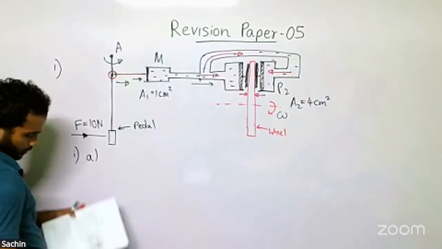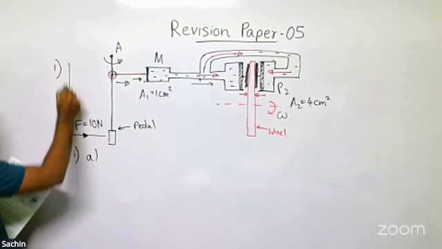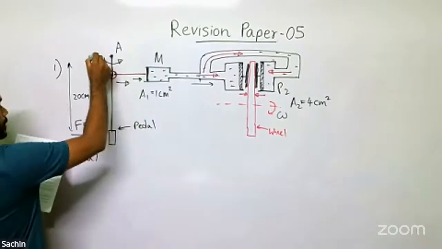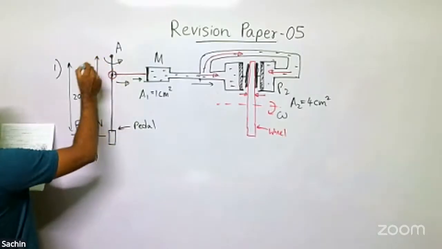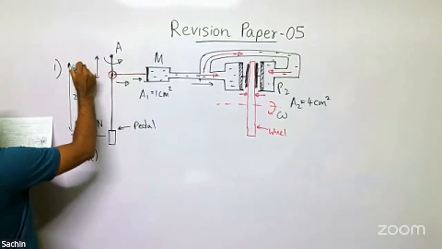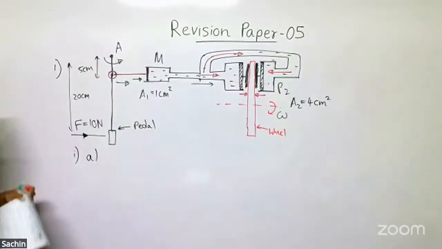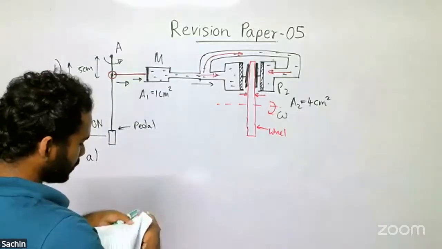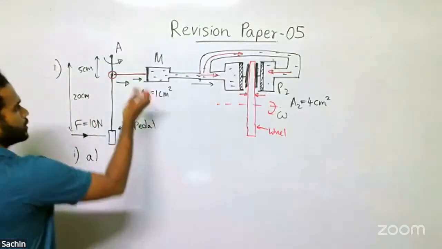You can see this distance they have marked 20 centimeters, and from the axis of rotation to this point we have marked the distance as 5 centimeters. Those are the two things marked. So we are asked to calculate the force F1 on this piston, that is this force.